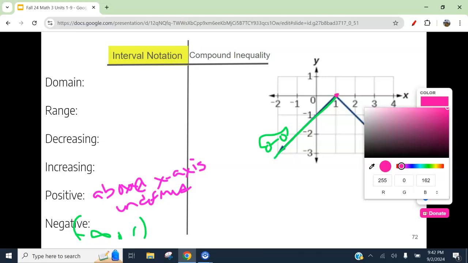It starts being in the negative zone again at 1, but not including 1, and it'll stay in the negative zone until it reaches infinity. We're talking about to the right. Remember, you will never have negative infinity at the end of either parentheses. And when you got 2 answers, you got to put this little union symbol.